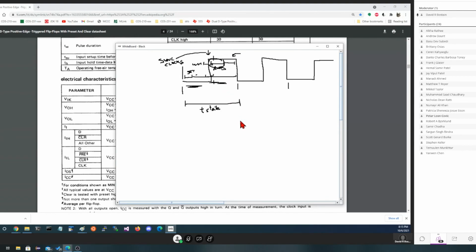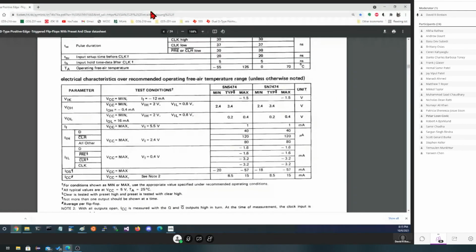Okay, there's a couple things we didn't get to tonight that we will get to in the next class, because I believe the next class we're going to talk about counters and shift registers.